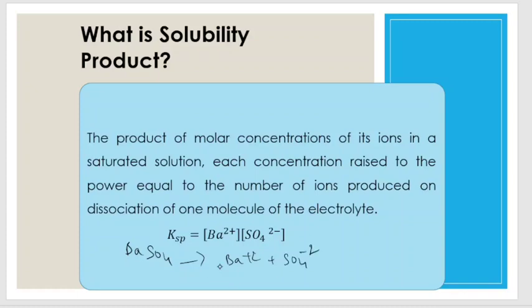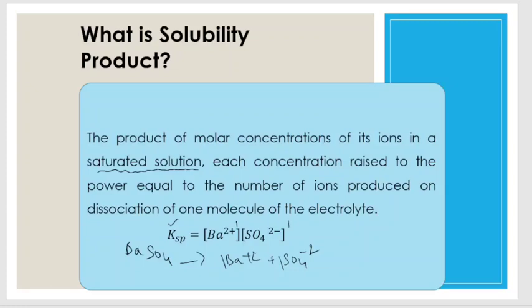Here the number of ions produced are 1 Ba plus 2 and 1 SO4 minus 2, and the concentrations of these ions are raised to their coefficients, like Ba plus 2 power 1 and SO4 minus 2 power 1. In a saturated solution, this phrase is very, very important. In a saturated solution is nothing but the solubility product.